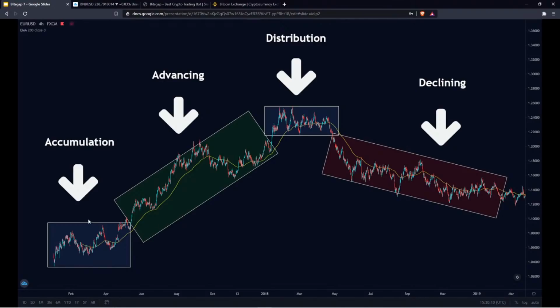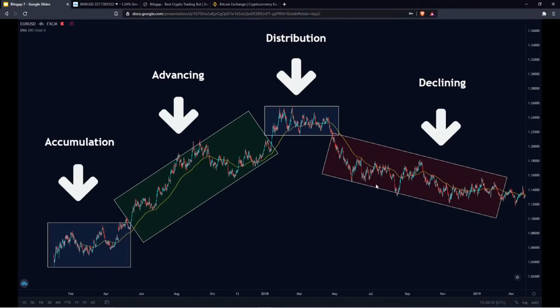So each time you spot the accumulation phase on the market before the rally and the distribution phase, which usually occurs after the rally, then traders lock in returns, so they are basically selling what they earned during the advancing period.